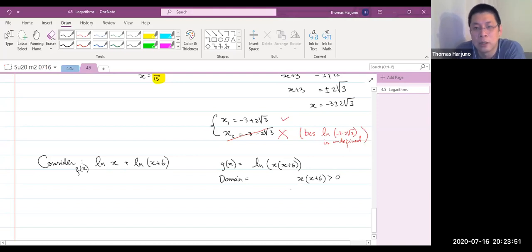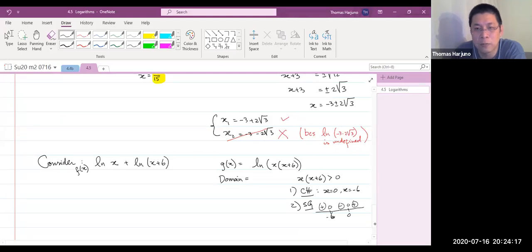So the critical numbers will be 0 and negative 6. When we do the sign graph, this is negative 6, this is 0, and the signs are positive, negative, positive.